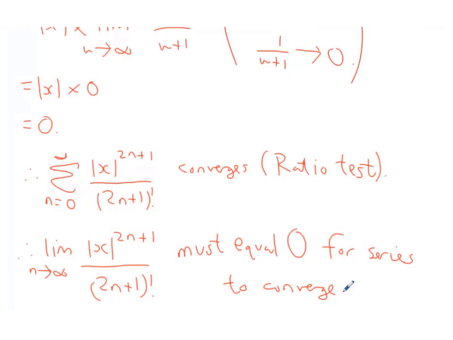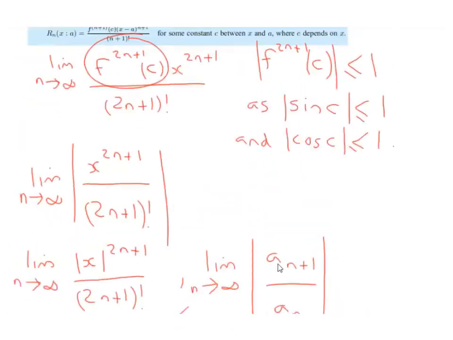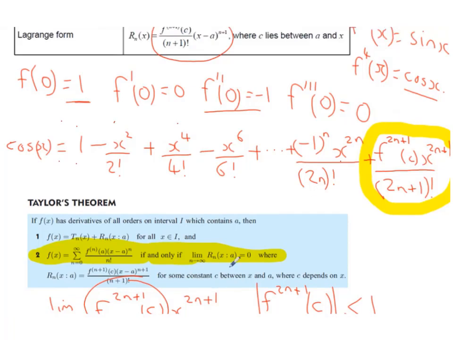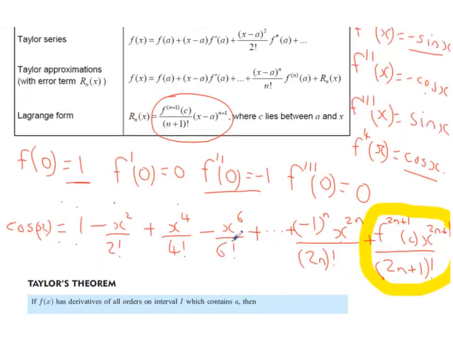Okay, so now just remember where we're at, because this is quite a long problem. We have just shown that this error term approaches 0 as n approaches infinity, which is enough to show that f of x, which is cosine x, equals its own Maclaurin series expansion, because the error term approaches 0 as you get more and more terms.